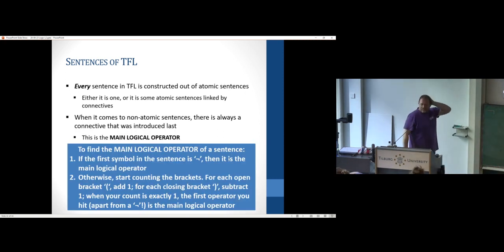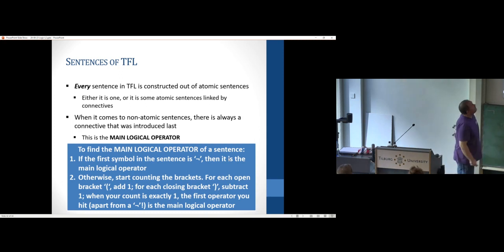So, last few little bits here to wrap up. First thing to note, given the definition, it follows that every sentence of TFL must contain at least one atom. It's the thing you start with in order to build up the complex sentences.